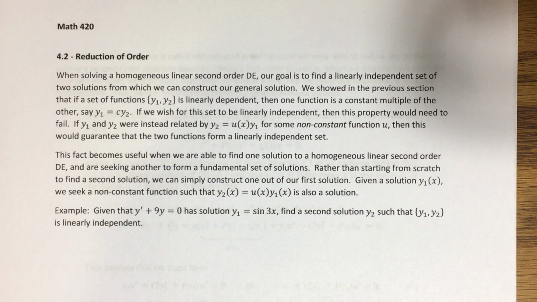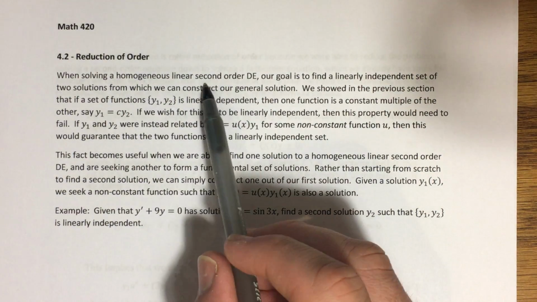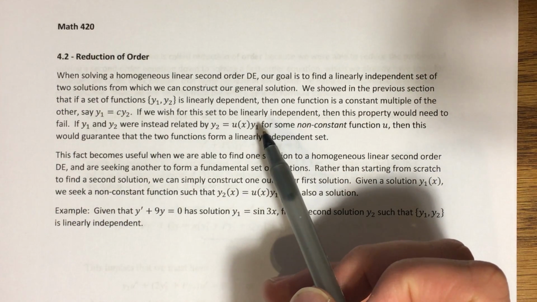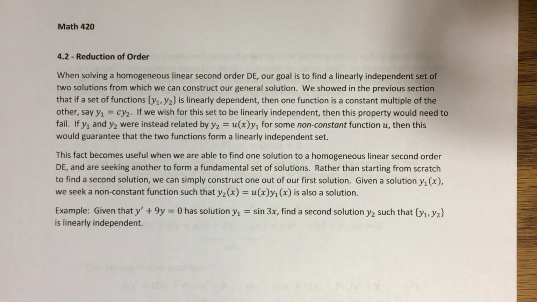The idea in this section is we're going to be looking specifically at homogeneous linear second order DEs. And as we saw back in section 4.1, if we're going to look for a general solution for a homogeneous linear second order DE, then the goal is to find a fundamental set of solutions, which remember is a set of solutions where the number of solutions in our set is the same as the order of our DE.